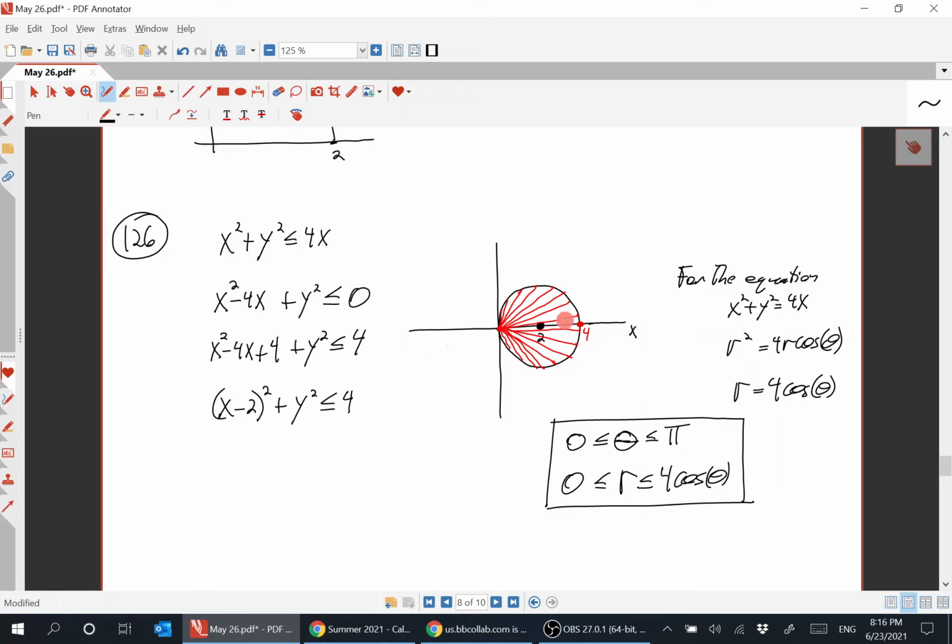I mean, 4 cosine theta at 0 gets you all the way out here, but less than that gets you anything along that. And then for pi over 6, 4 cosine theta gets you over here, but anything less than 4 cosine theta puts you along this line here. 0 keeps you at the origin. So that entire region is described in this way.